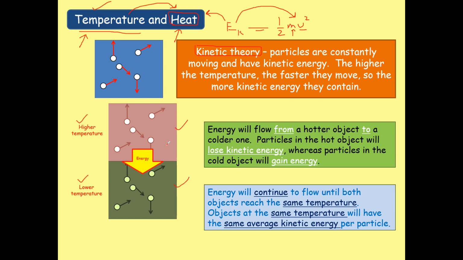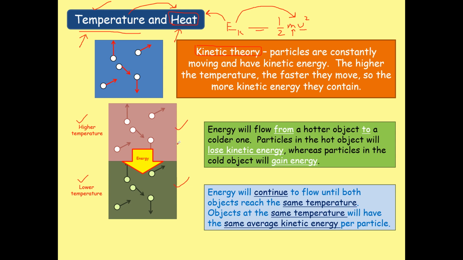Once we join these two objects together, the energy of these high energy particles will be transferred slowly into this low energy object, right? Why? Because these particles which are at higher speed will start to collide with this barrier, transferring their energy to these low energy particles, right?